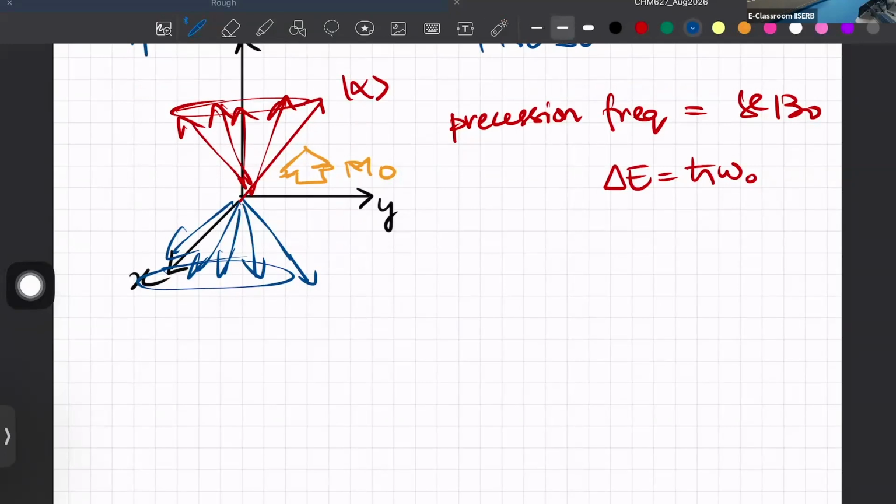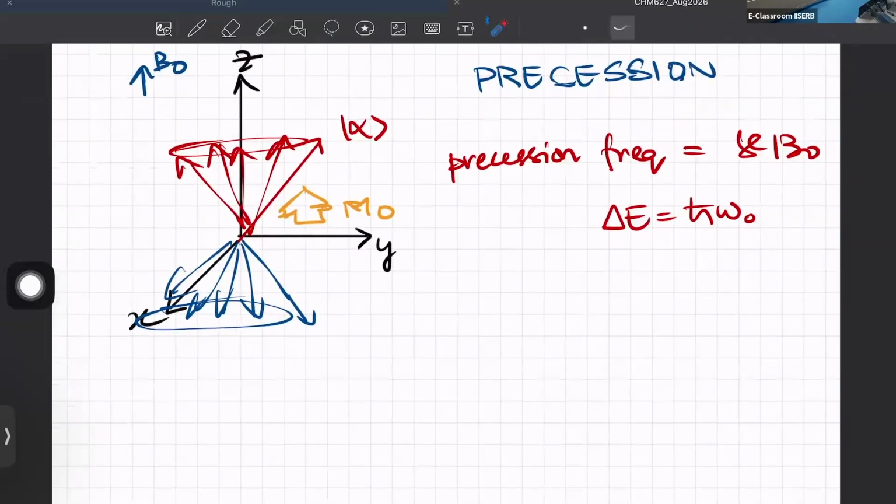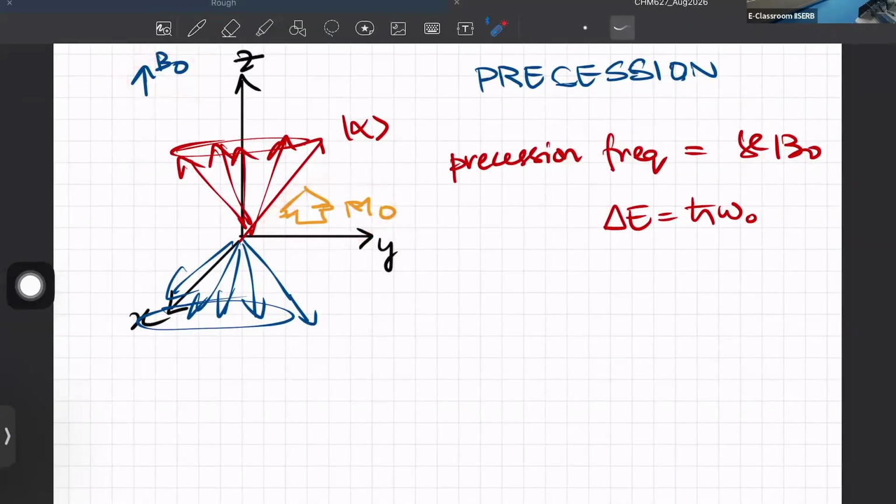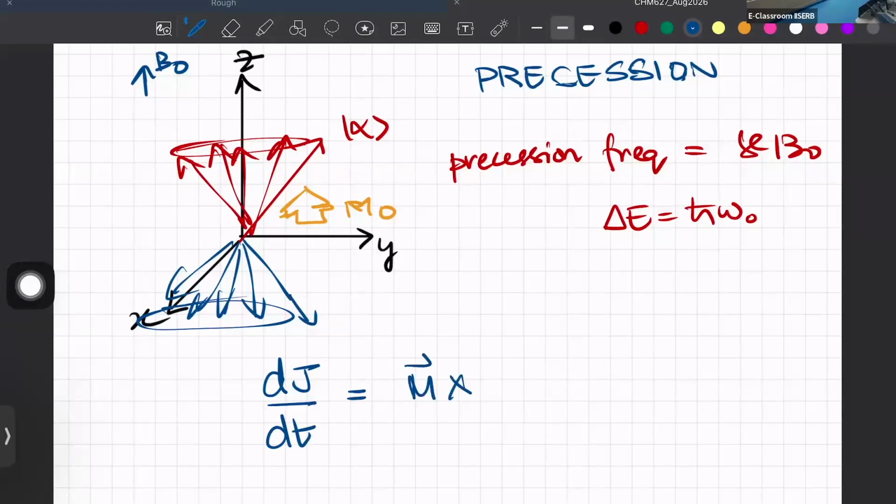Okay, done. So now, the interesting aspect of this is that you created a bulk magnetization that is parallel to the static magnetic field. Interestingly, for angular momentum, the rate of change of angular momentum, which is given by dJ over dt, is given by M cross B. It's a cross product of the magnetization with the field that is applied.